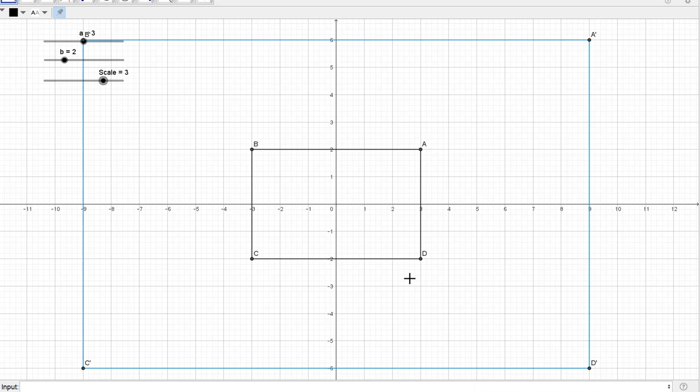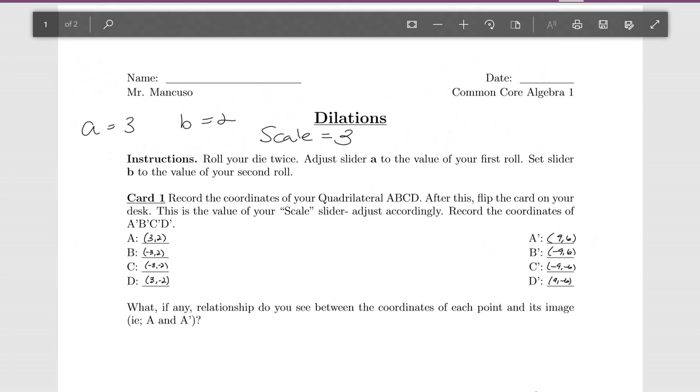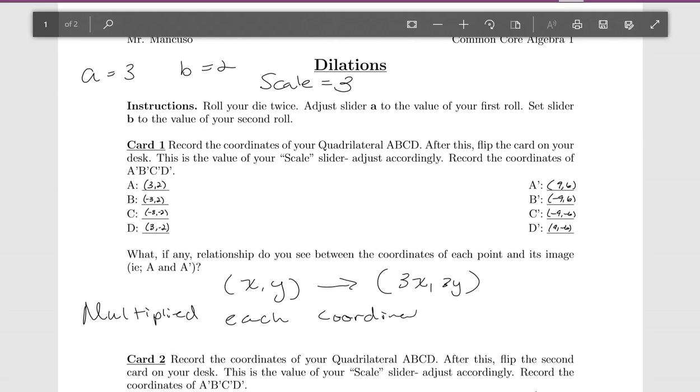And D prime becomes (9, -6). If you notice, we just took all the x values and multiplied them by 3, and all of the y values and multiplied them by 3. So hopefully you see the relationship that (x, y) became (3x, 3y). Or we multiplied each coordinate by 3.